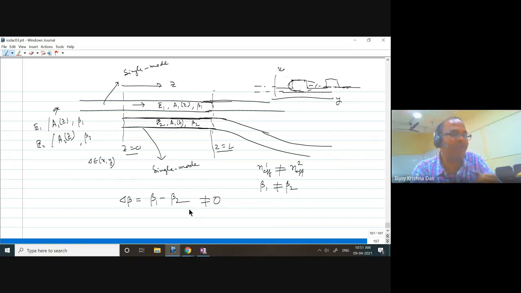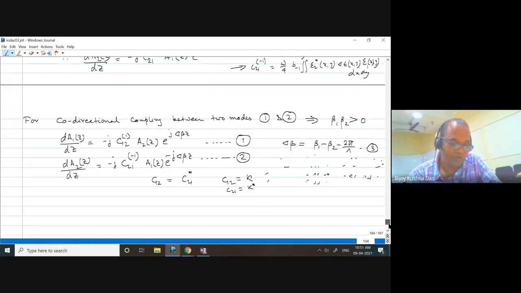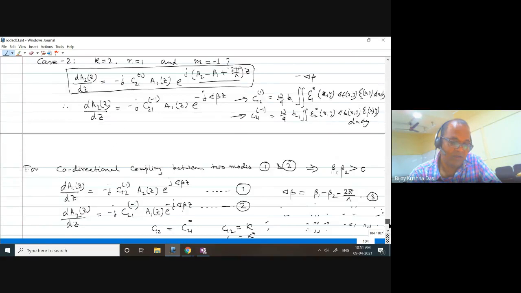And you can solve that equation here, whatever I am considering. Whenever I am deriving this equation, this delta beta part will not be there. And then for C1 and C2, you don't need to consider B plus and B minus, because nothing is there. You only have to consider this perturbation.